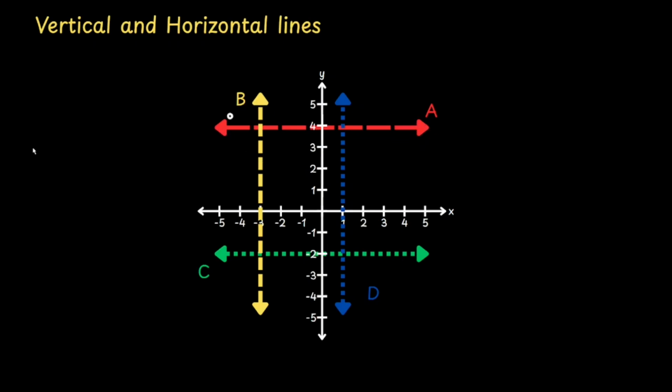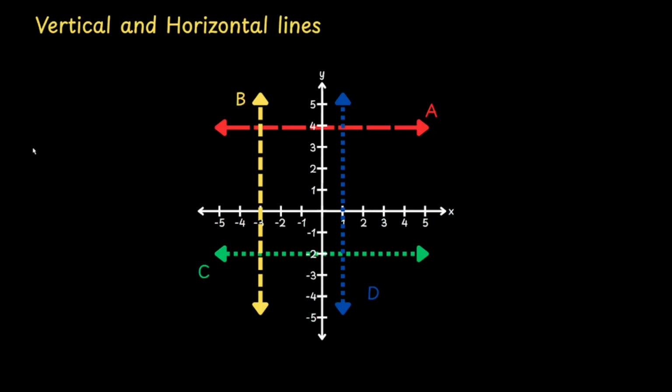Line A is red, and it is a horizontal line that is cutting through the y-axis at y is equal to 4. This continues forever, which means for any x value that I have, my y value is still going to be 4. What does that mean, really? That means that the y value for this line is not dependent on the x value at all.